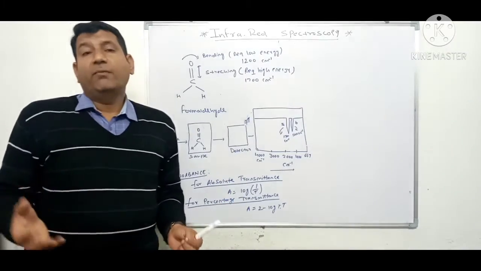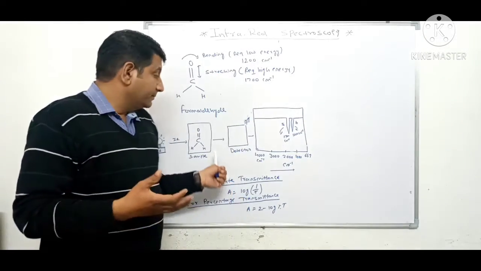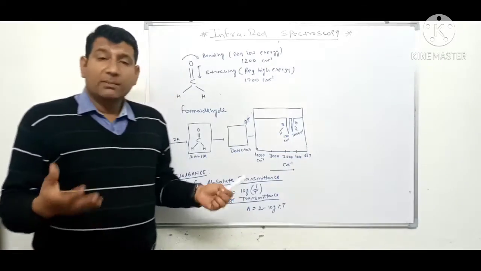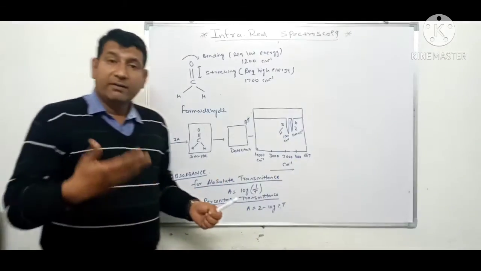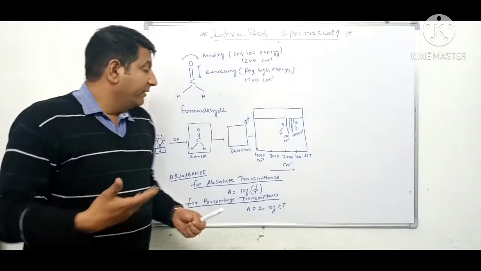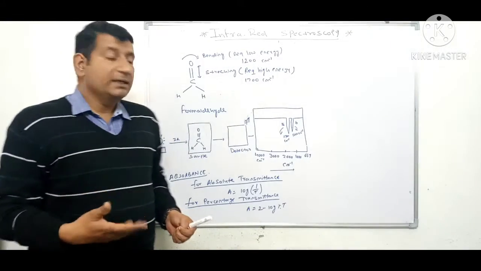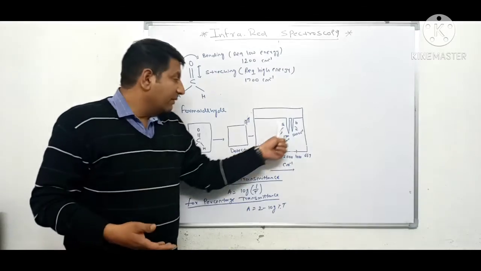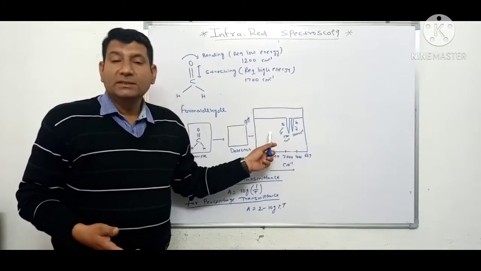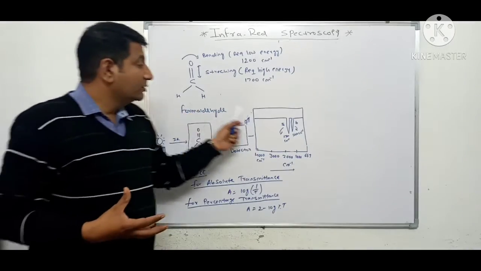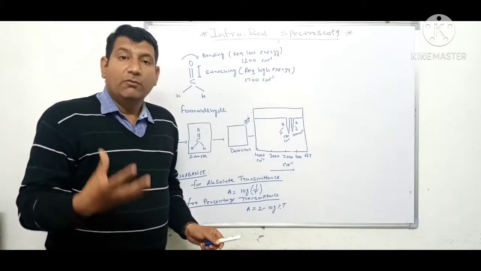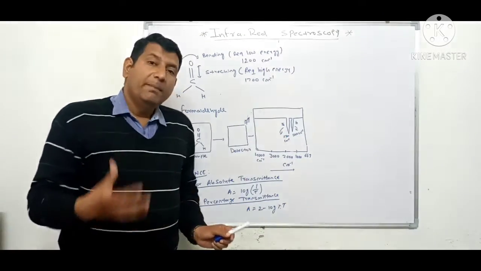There are various types of detectors like bolometers, thermocouple detectors, Golay cells. I will discuss in our next video the various instrumentation of IR spectroscopy, and this is how IR peaks occur. So here the formaldehyde molecule shows two corresponding peaks, one of stretching and one of bending vibration.